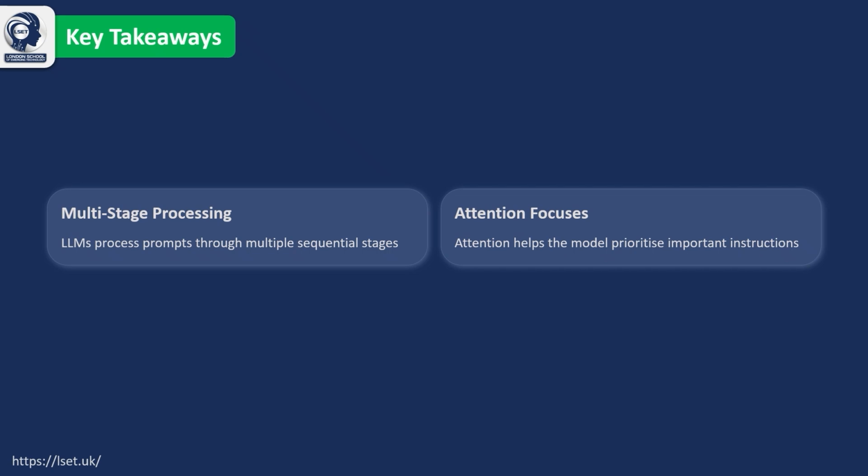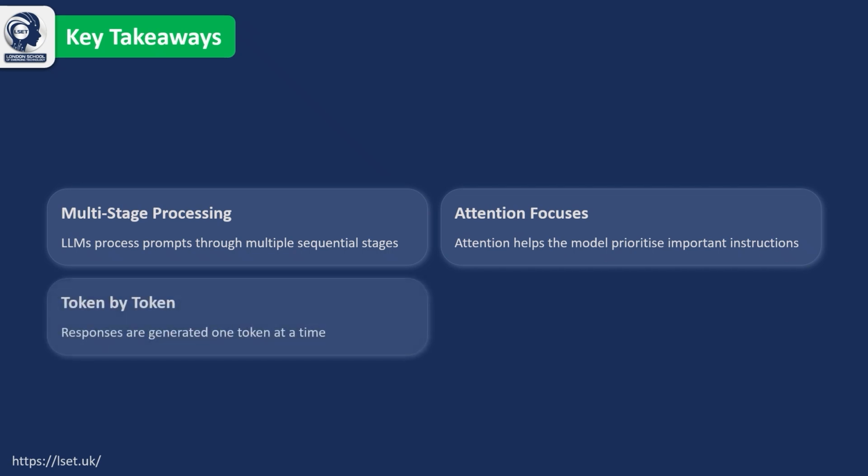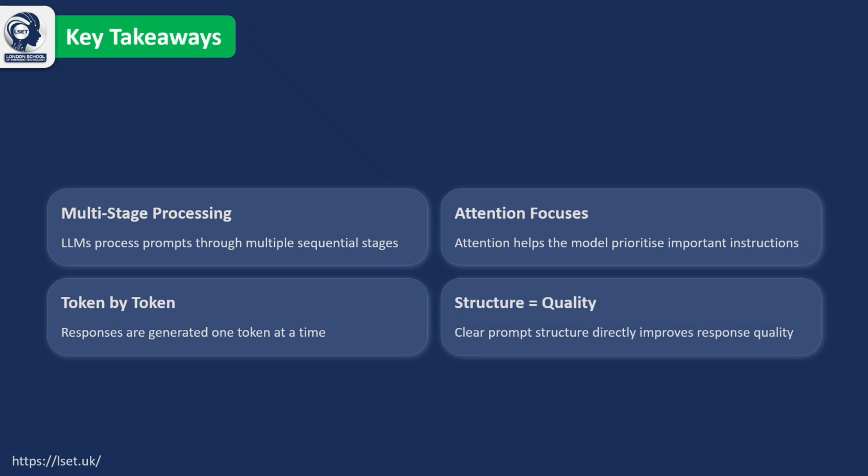Third, AI generates responses one token at a time, predicting the next most likely token until the complete answer is formed. Finally, never underestimate the importance of prompt structure. Clear, well-organized prompts consistently produce more accurate, relevant, and higher quality responses. By understanding these fundamentals, you'll be able to write better prompts and get far more effective results from any large language model.